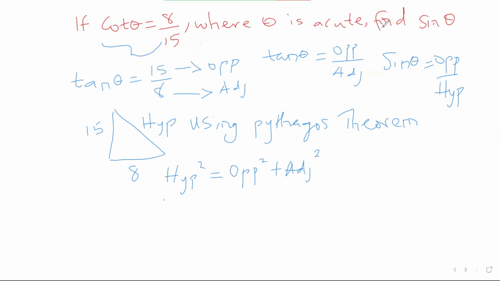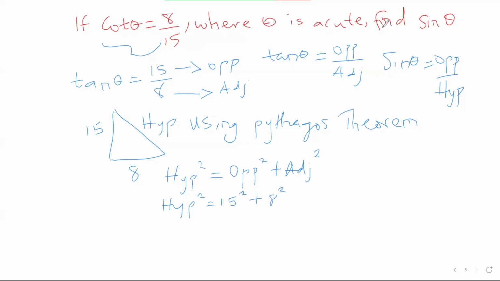Using this formula, we're going to have hypotenuse squared equals 15 squared plus our adjacent, which is 8 squared.